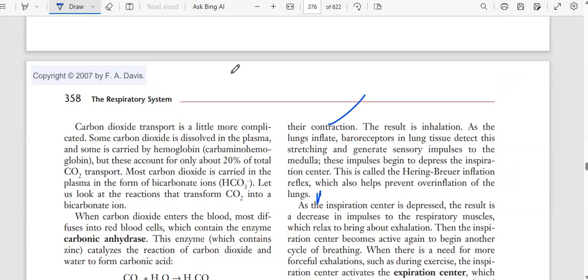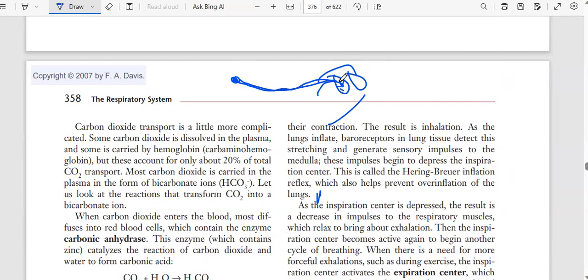So this is the center in the medulla. We have inspiratory centers which are connected to both lungs. Then what will happen? The impulse travels along these nerves and reaches the lungs. Then the lungs inflate. They expand, and the air enters.